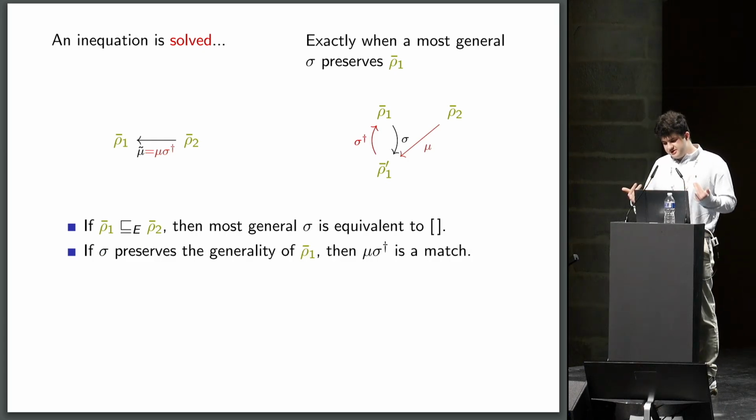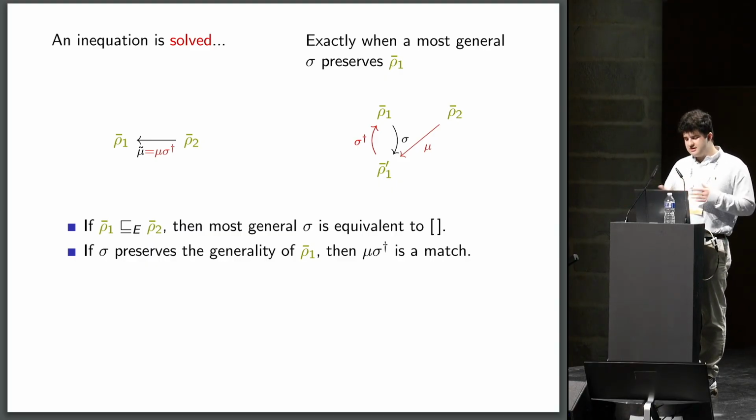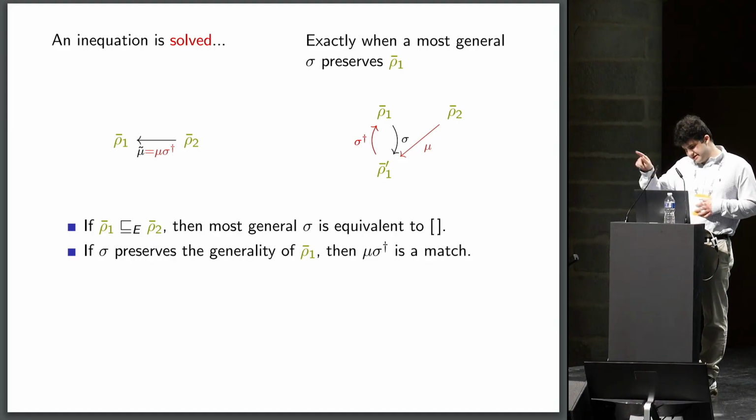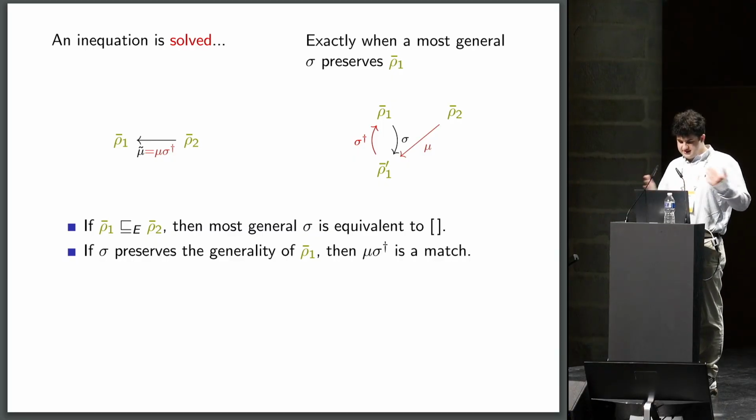If we go the other way, assume that the solution preserves the left-hand side, then we can see that the inequation must be solved, because if you just follow the arrows, it's mu sigma dagger. So there exists a match already.